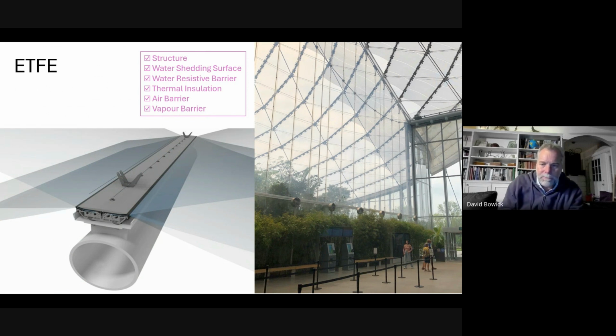So here's an image of an ETFE extrusion on the left. What you can see is that the ETFE is clamped under a pressure plate with a gasket. It's a gasketed system. It's a drained joint. It's not a perfect barrier between the joints, and that's a really important thing to remember: the joint is imperfectly waterproof.